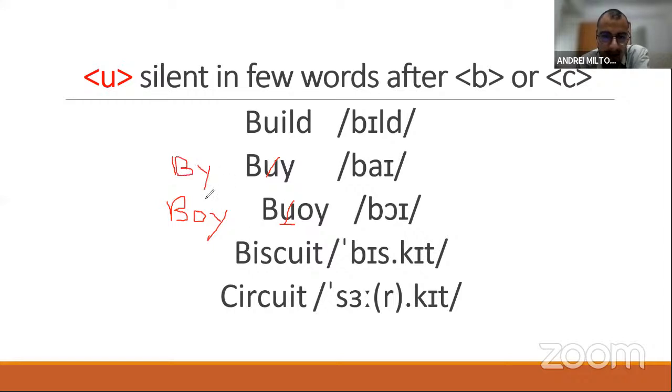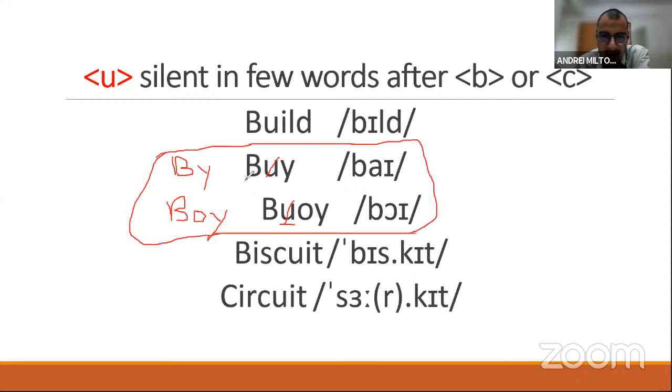Both are homophones, but it helps you to distinguish. We do not pronounce the U here. So we say build, biscuit, or circuit. If you want to pronounce the R, it's circuit, otherwise it's just circuit. Very good. So far, easy this part, right?